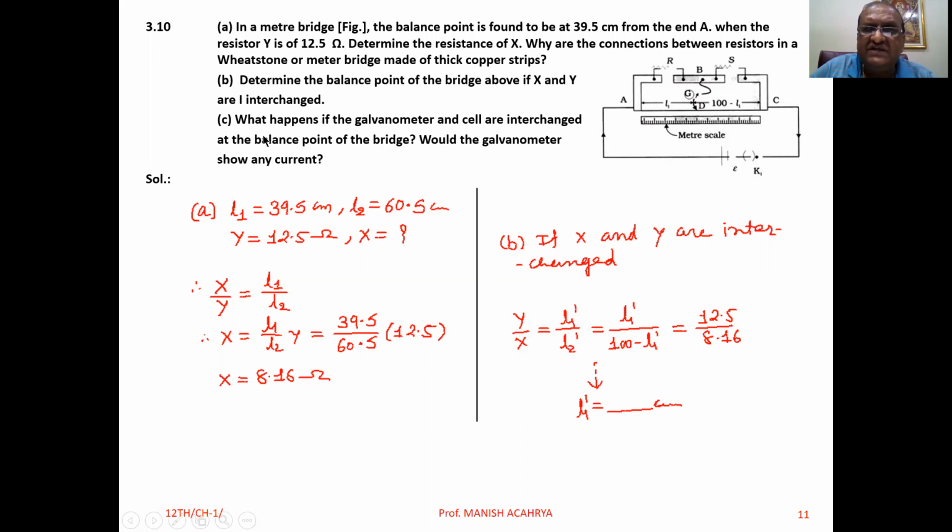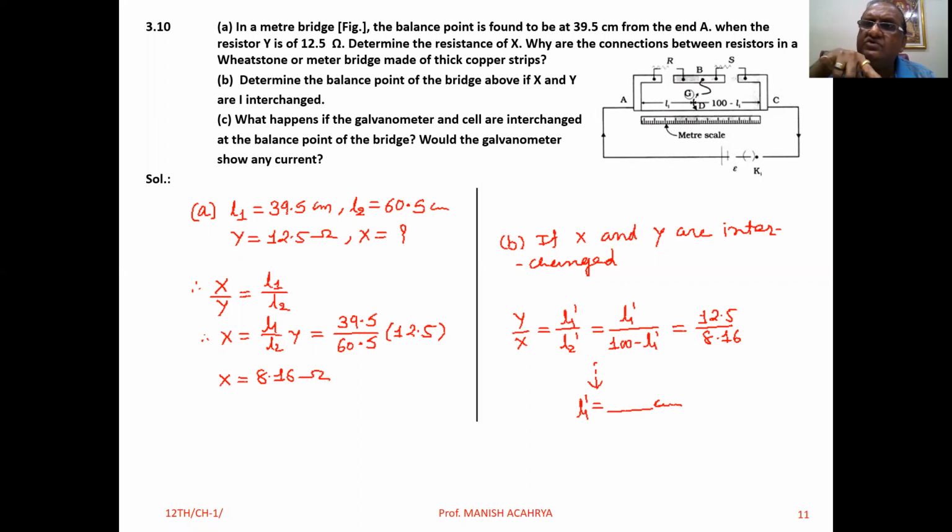Then in question C, it is asked what happens if the galvanometer and cell are interchanged at the balance point of the bridge. It doesn't make any difference to the balance point because you have to connect the galvanometer between two terminals, and the battery between the other two terminals which are diagonally opposite. In theory, we discussed this thing.